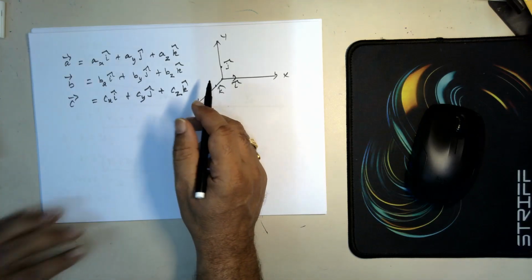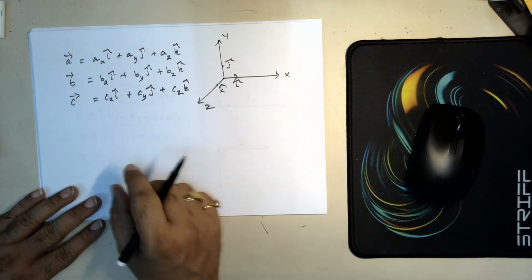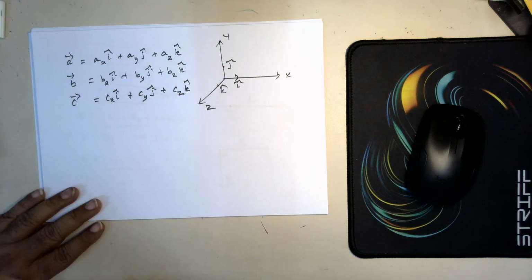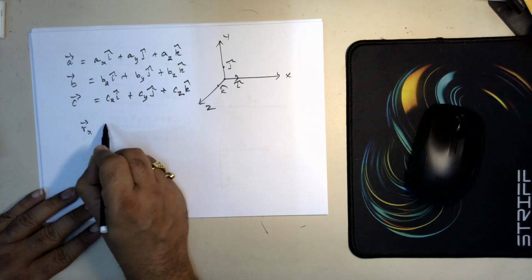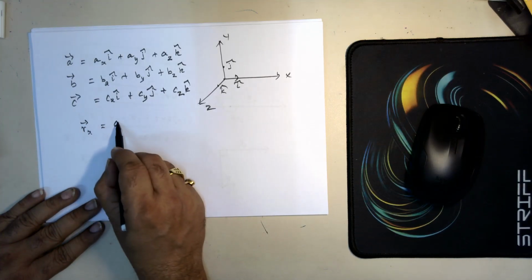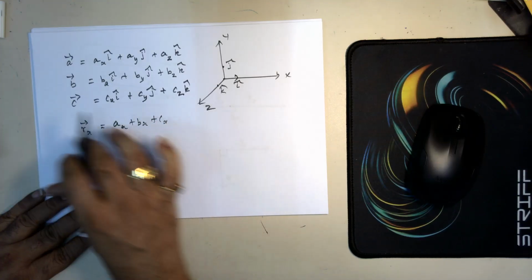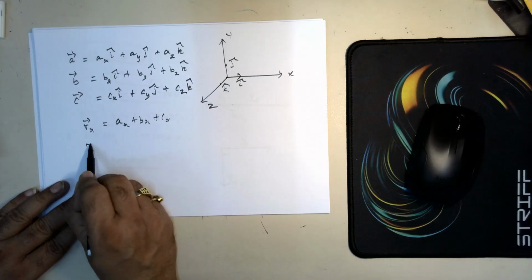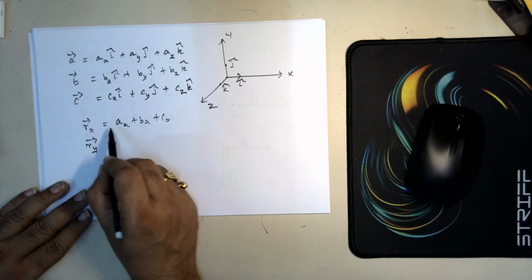Now you are able to get the resultant vector. By combining two vectors, you are able to get R. In this case, combining three vectors, you are able to get the same R with respect to x. So this R x can be written as what? It is nothing but A x plus B x plus C x. So this can be represented nicely like this. Similarly, R y, the resultant vector, can be what?